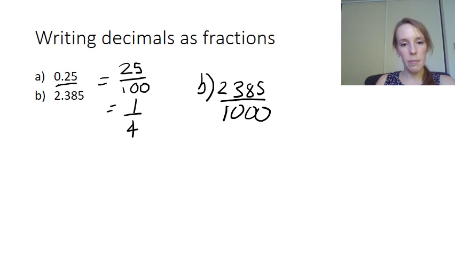From there we can simplify, and we can divide both by 5. Okay, so 77 over 200. And from there, I don't think we can simplify any further, so that will be our answer.